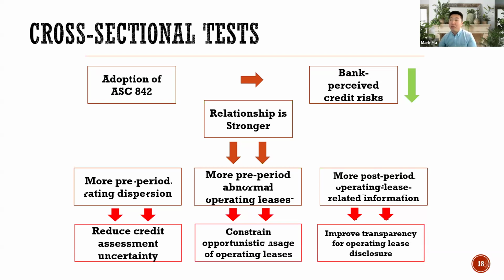Also, firms with more pre-period abnormal leases will probably get a bigger benefit, because prior research suggests that these firms have abnormal leasing behavior.